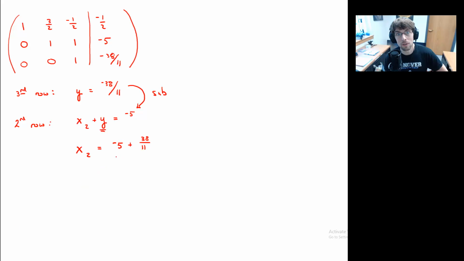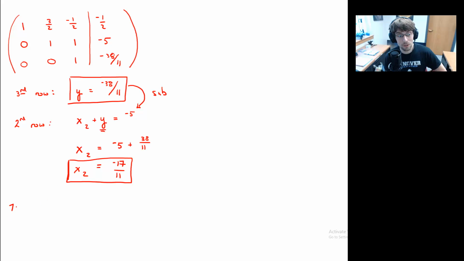Okay, well, we need a common denominator. So we would have negative 55 plus 38. So you'd end up with something like negative 17 over 11 for x2. So we have our value for y. We now have our value for x2.